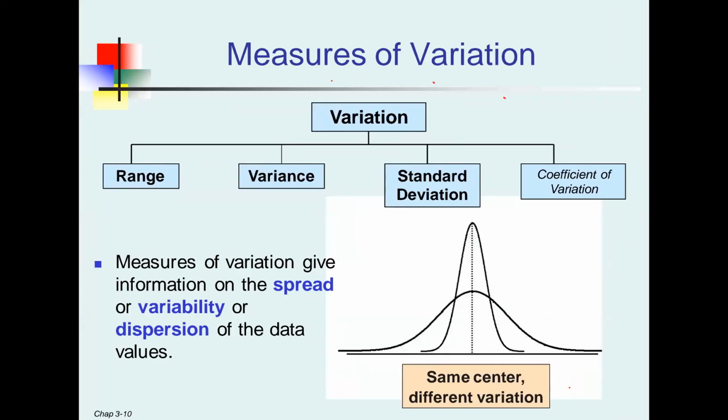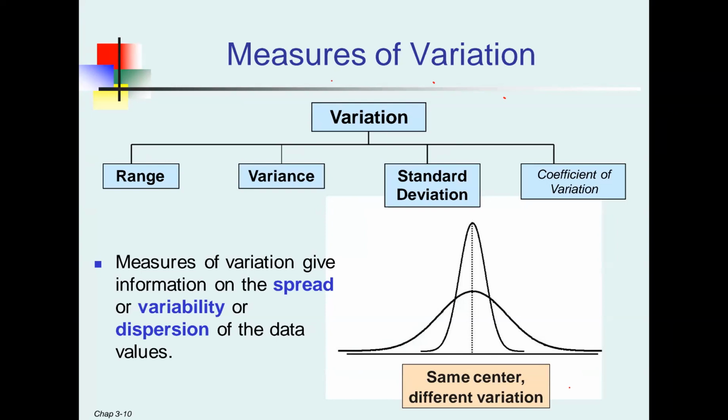Then we look at the measure of variation. Fast forward, we have the measure of variation now. The common parameters that we use under the measure of variation are the range, the variance, the standard deviation, and the coefficient of variation.